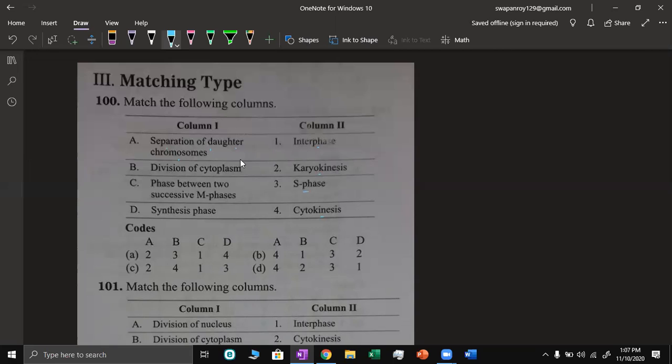We should match this with karyokinesis. Division of cytoplasm, that we call cytokinesis. Phase between the two successive M phases is the interphase, and synthesis phase is S phase. So this way we have to match also. Okay, today we will stop here.